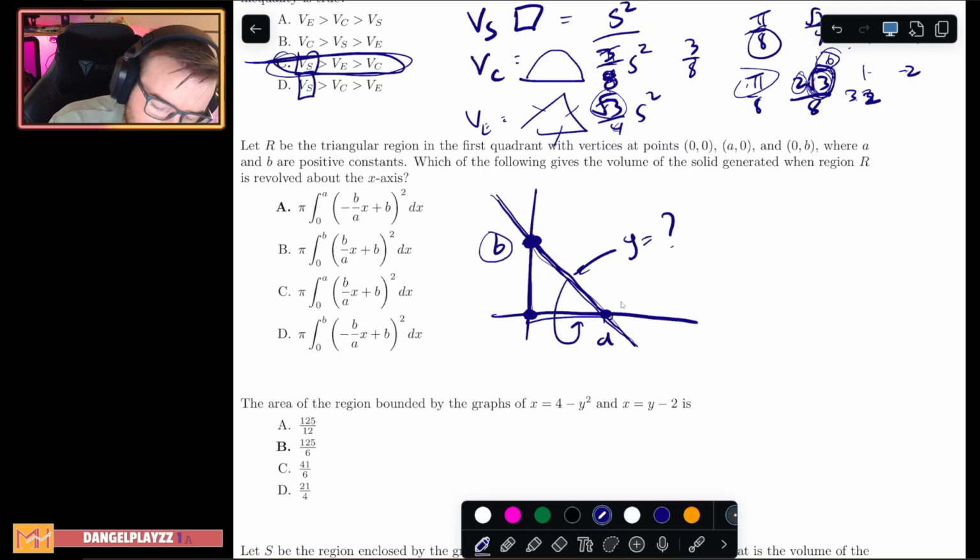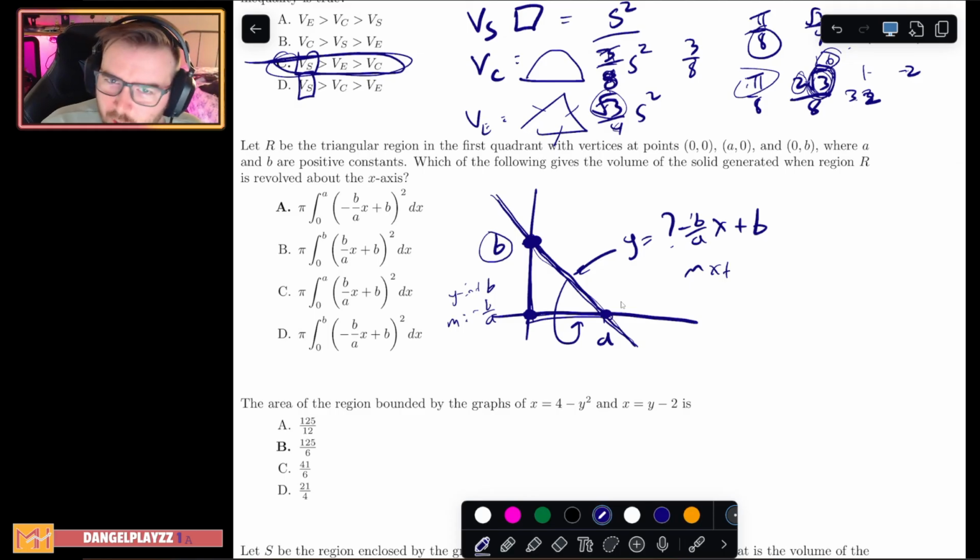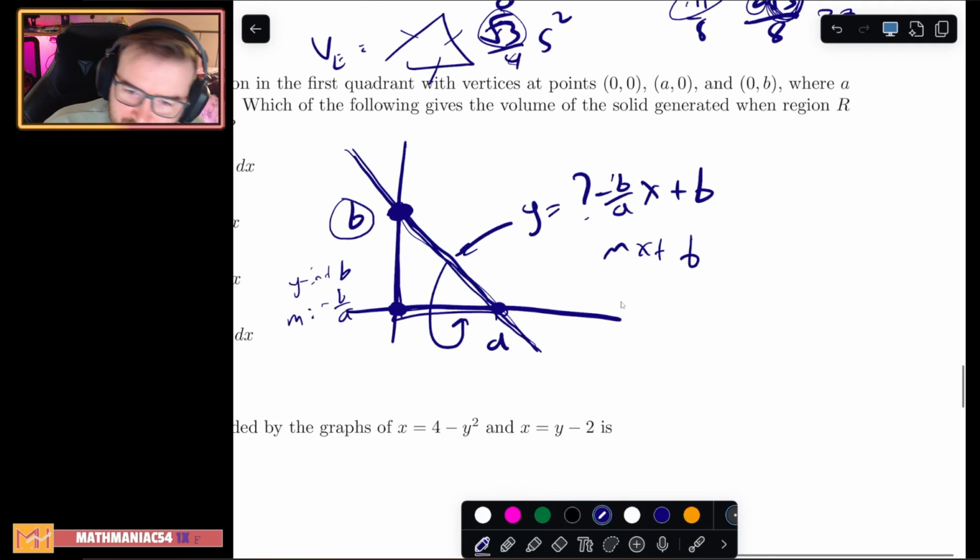Down b over a, so negative b over a. This is the line y equals negative b over a times x plus b. Y equals mx plus b, the y-intercept is b. How adorable, right? It's in slope-intercept form.